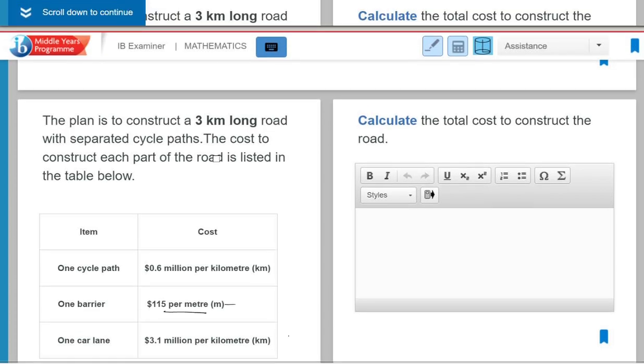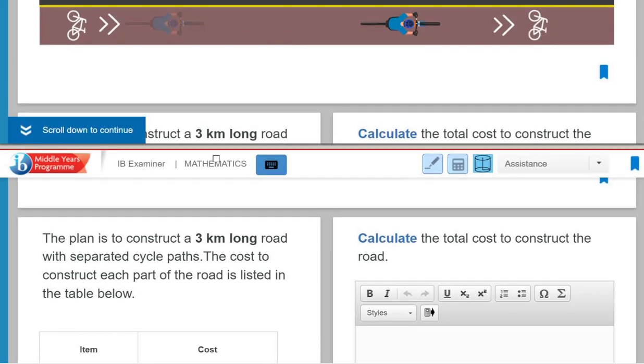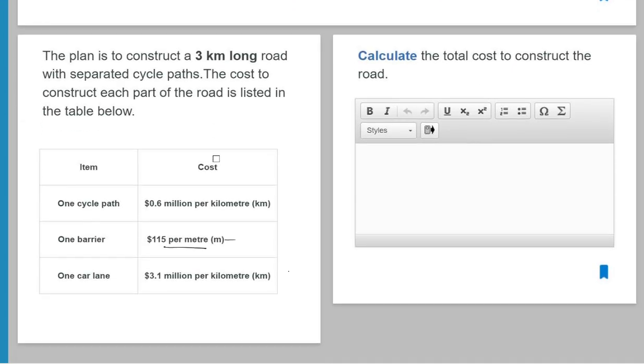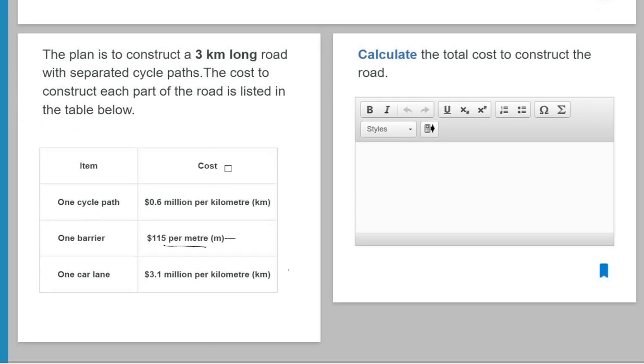To construct a 3 kilometer long road with separate cycle paths. The cost to construct one cycle path is $0.6 million per kilometer. So two cycle paths would be 1.2 million per kilometer.